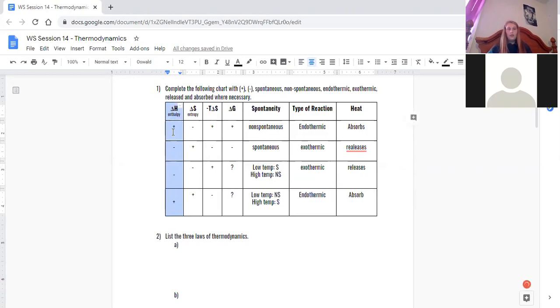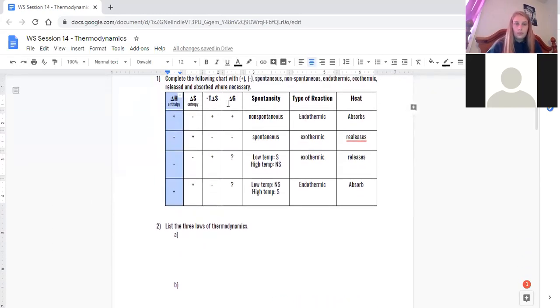If it's positive, you have this system, and that means it's adding energy to this system. And so it's going to absorb the energy, and it's going to be endothermic because it's taking energy in. On these ones where it's negative, it's going to be exothermic because it's releasing energy. Energy is being removed from this system. It's exiting the system. And that's a good way you can remember that.